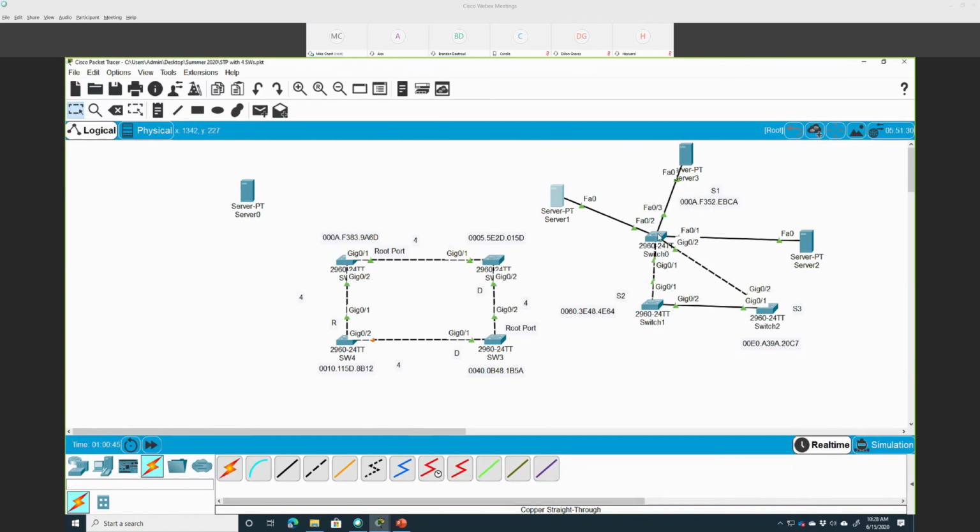But this goes faster because, and also we cannot pass any hello messages through this port, unless this port is a trunk. But if it's port fast, it's not going to have a trunk.